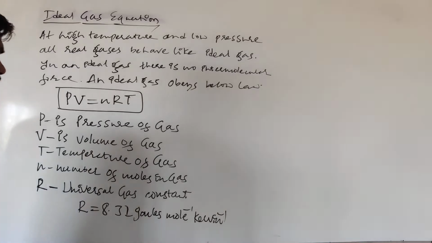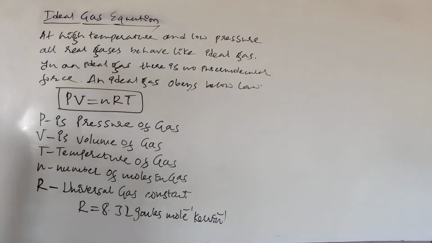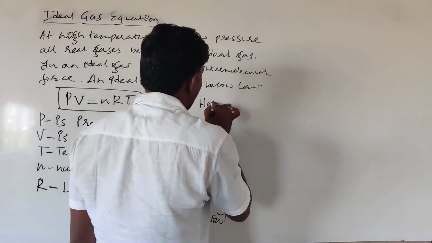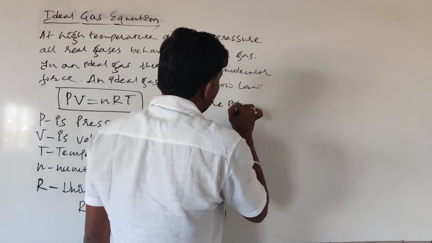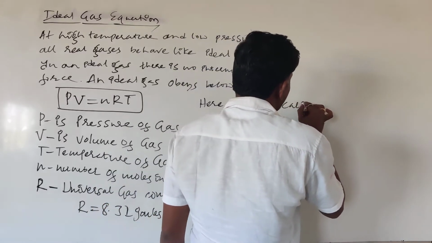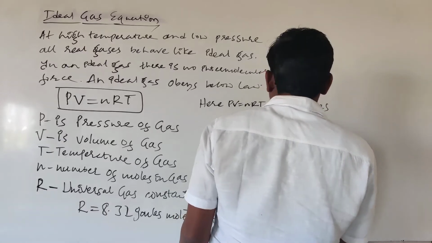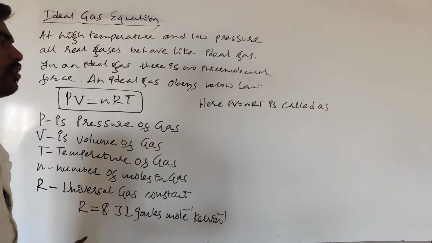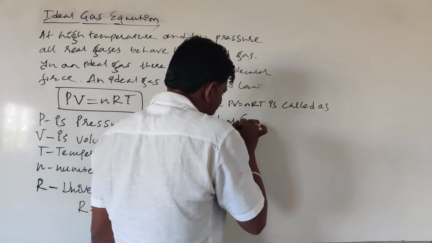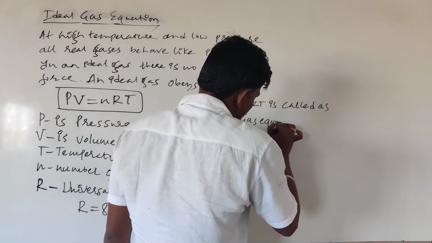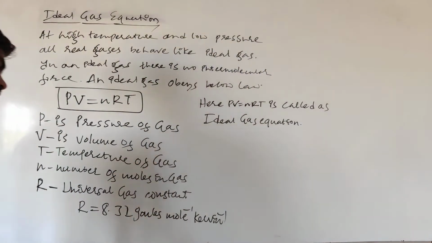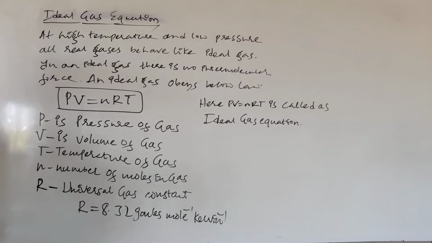So this is very important. PV is equal to nRT is known as the ideal gas equation.